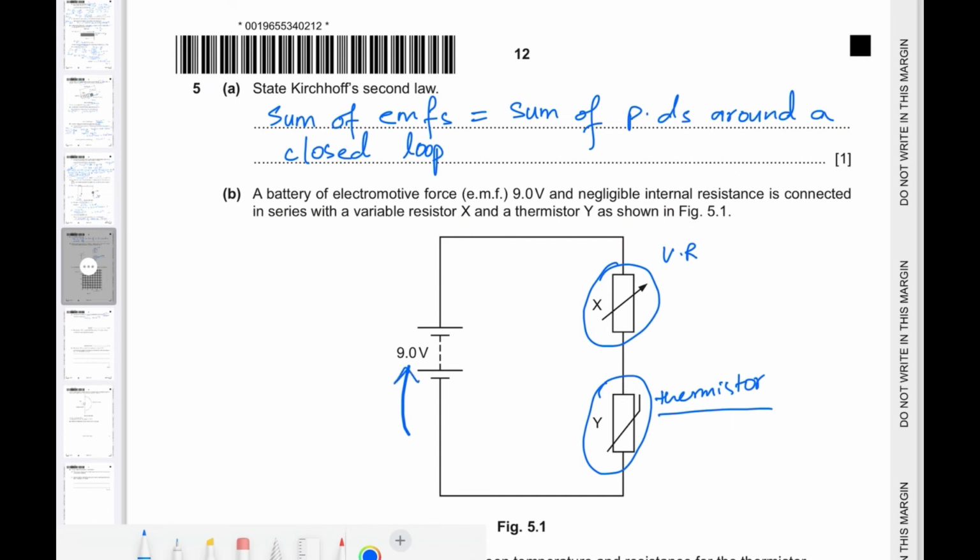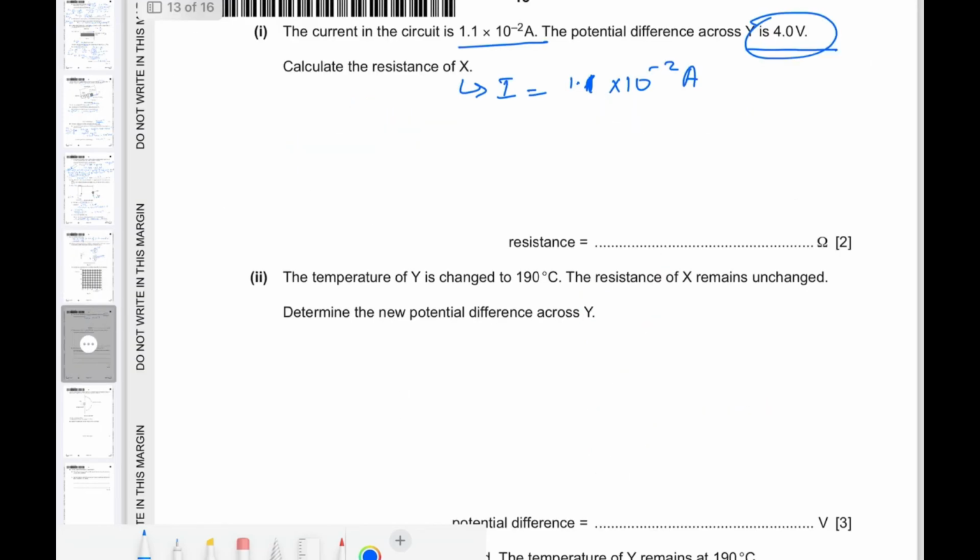If 4 volt is applied across Y, the potential difference across X must be 5 volt. Using this, we can find the resistance, which is equal to potential difference divided by current, and that's 450 ohms.